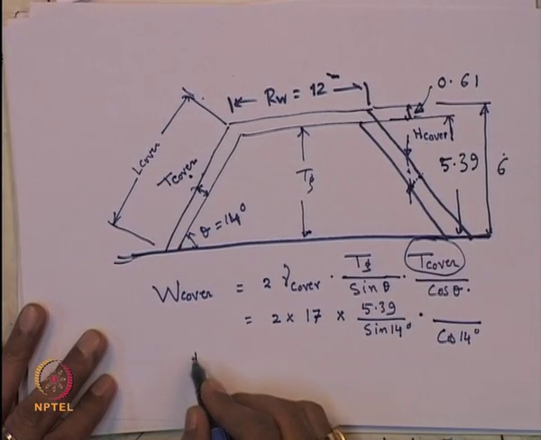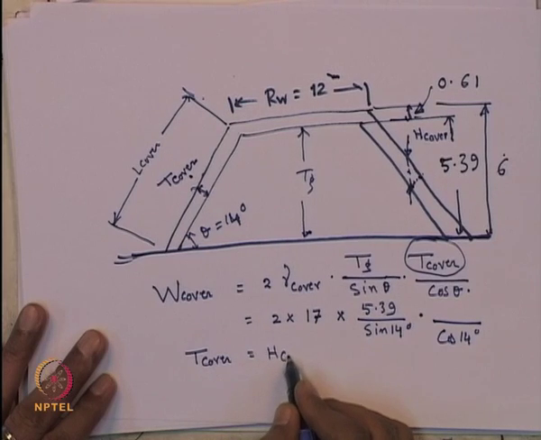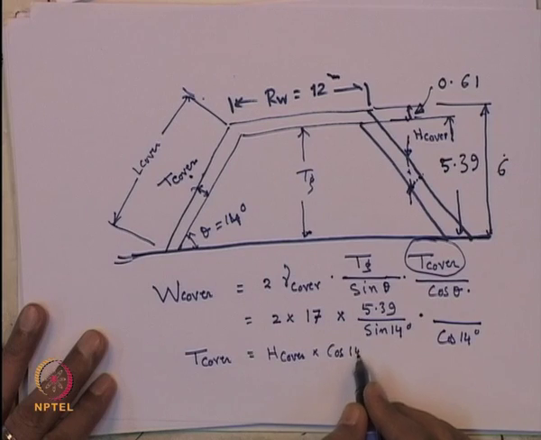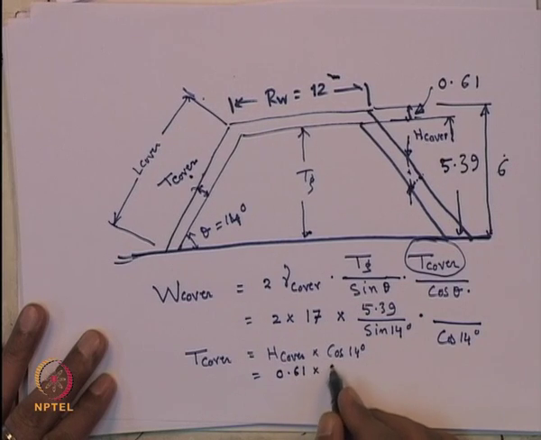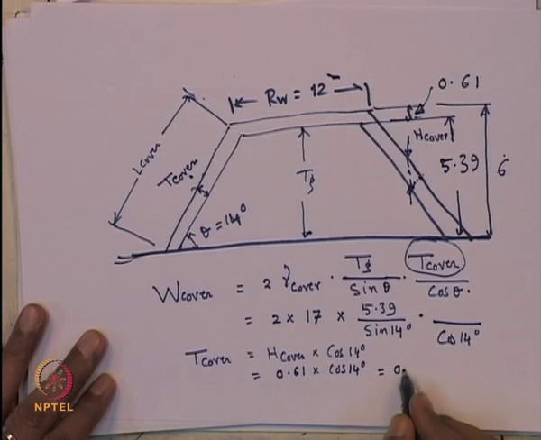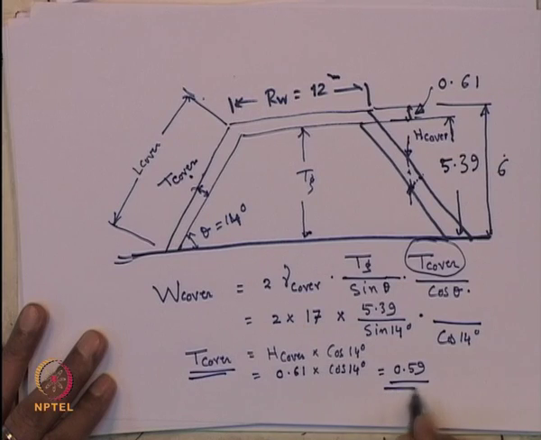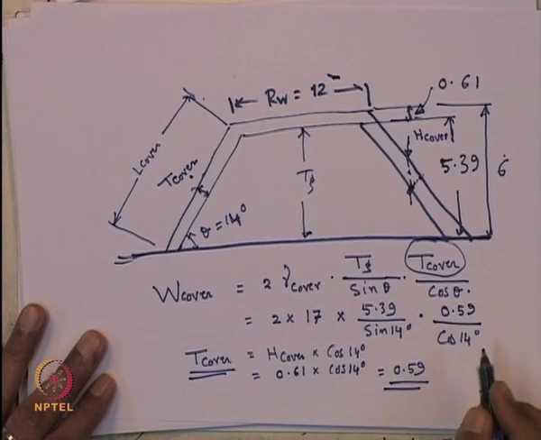That means T of cover is equal to H of cover into cos of 14 degree. So this will give H cover 0.61 into cos of 14 degree. So this will give 0.59. So you know that T cover will be 0.59.